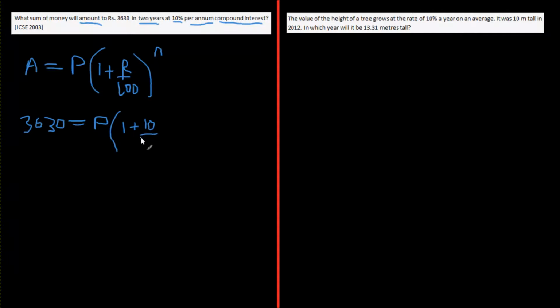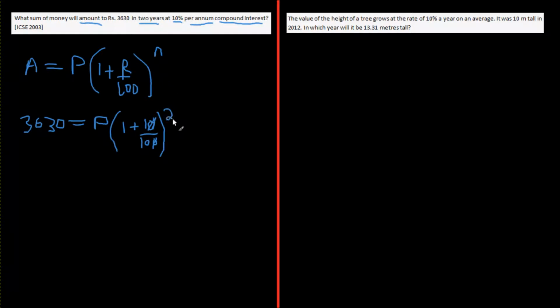You could cancel this out over here. It becomes 1 by 10. And it's per annum, so nothing divided by 2, nothing into 2. You're fine over there. And it's 2 years and it's per annum. So the two terms, one will be the first year, one will be the second year. So raise this to the power 2.